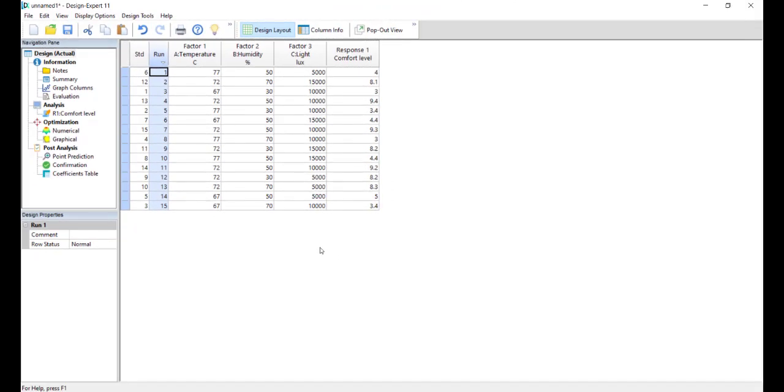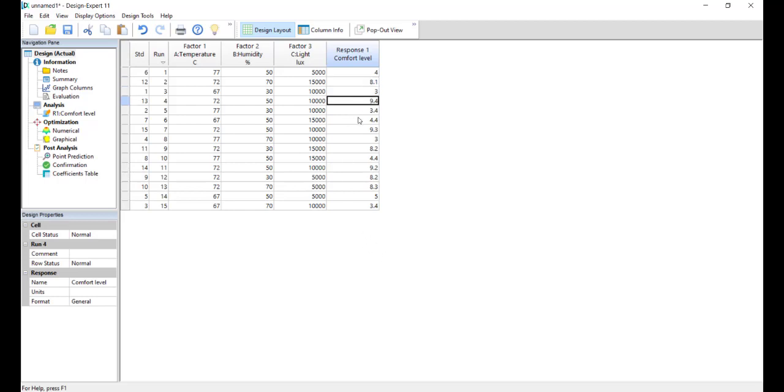Okay, we went to the lab and ran our experiments and collected the response for each one of these treatments, or for each run. We have collected the response from the person whom we asked for this experiment.